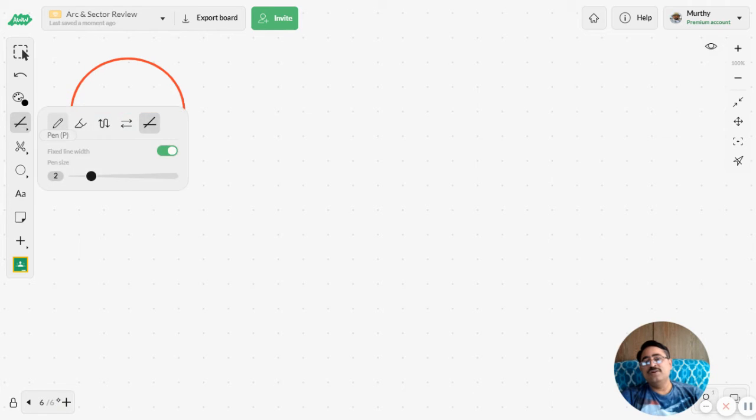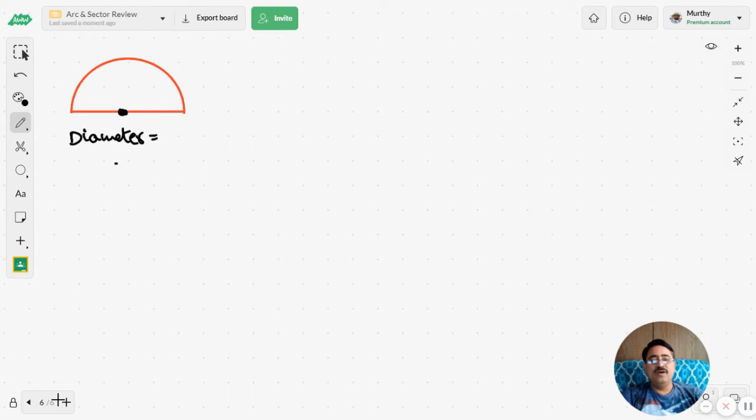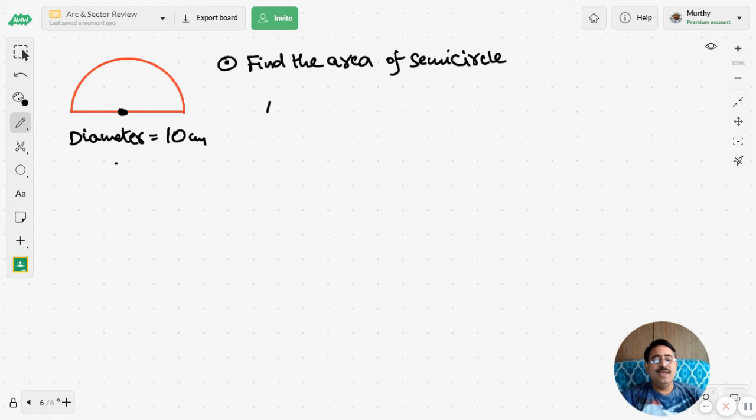Suppose you are asked to find the area, and the diameter is given as 10 centimeters, and the question is to find the area of a semicircle.